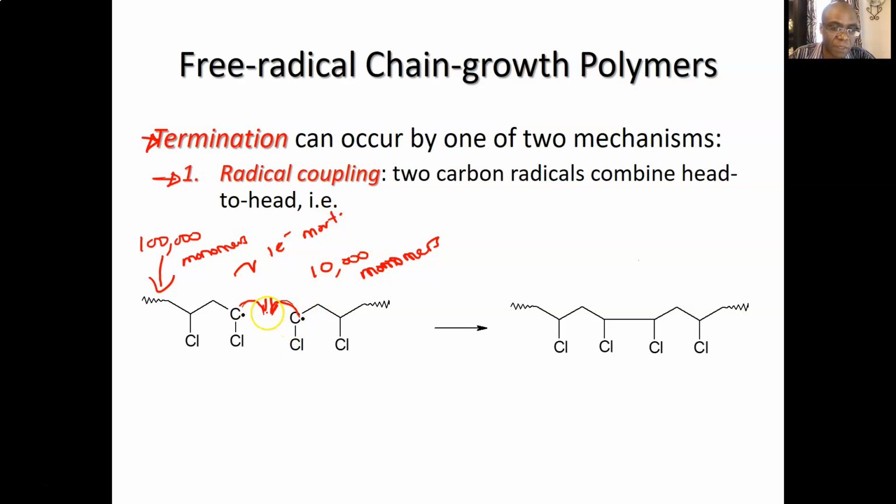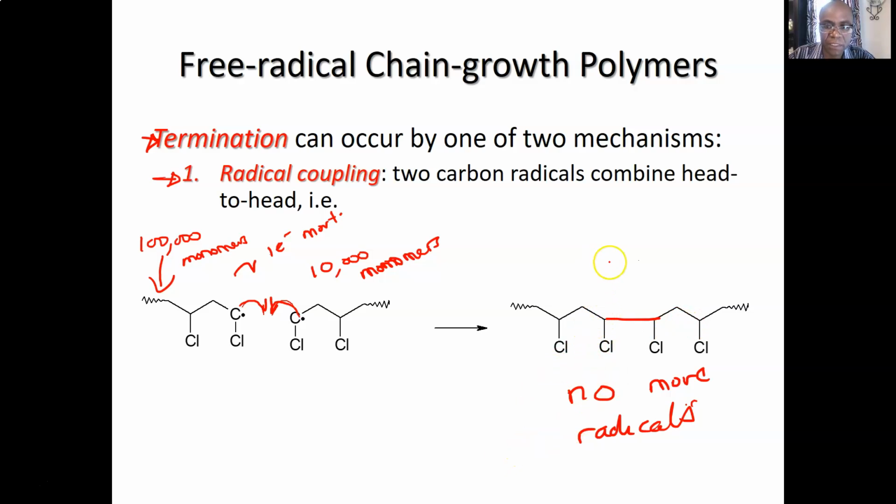So if these two come together, two electrons are coming together, you're making a new bond, because a bond is two electrons. Notice that there are no more radicals, and that's characteristic of termination. It's closed, it's finished, finito.